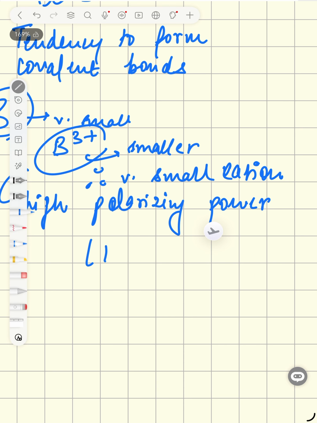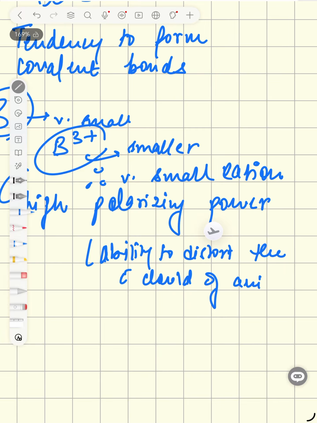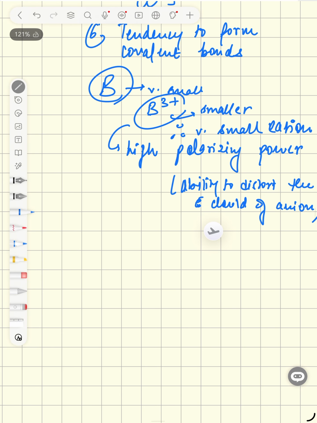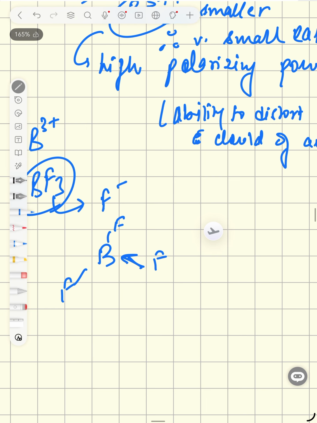Polarizing power is the ability to distort the electron cloud of larger anions. It shows higher polarizing power, therefore it will pull their electrons towards it. If we take an example of BF3, fluorine is a negative anion. So, boron will form bonds with fluorine.